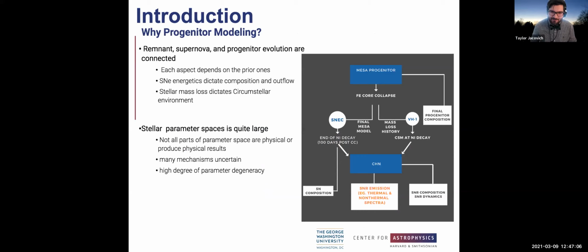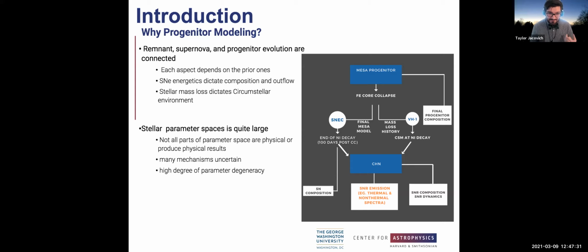But now, to talk more broadly about how we are actually setting up this pipeline, this software, so we can model this parameter space. Like I mentioned previously, the remnant, the supernova, and the progenitor are all kind of connected. How earlier stages of the star's life play out will dictate how these later stages play out.